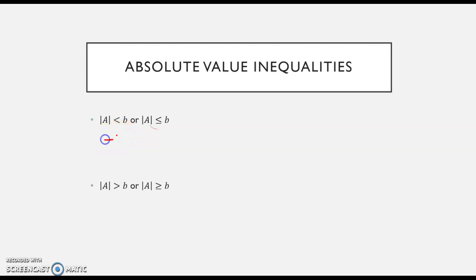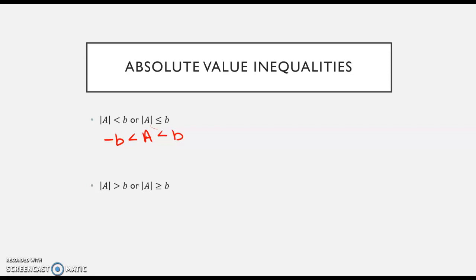We would write this as, because remember, absolute value has two options, our negative option, negative B is less than A, and our positive option, A is less than B. Now, they will either both be less than or both be less than or equal to. You won't have one less than and one less than or equal to.